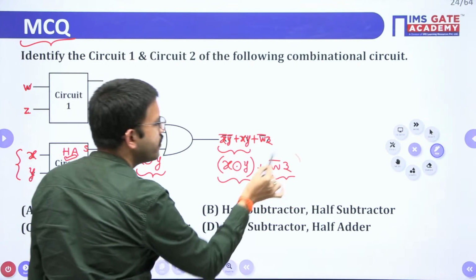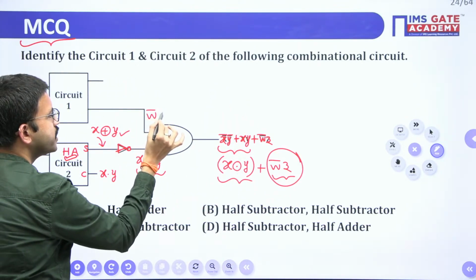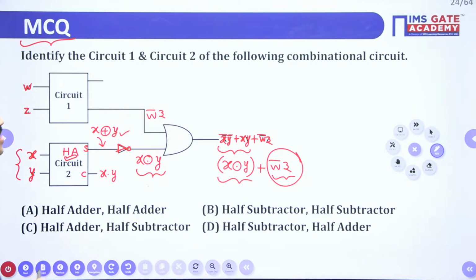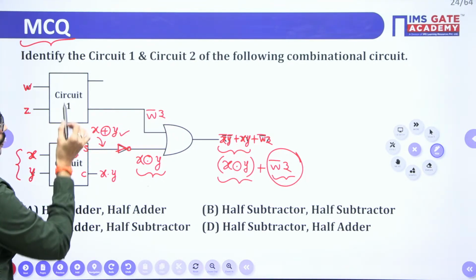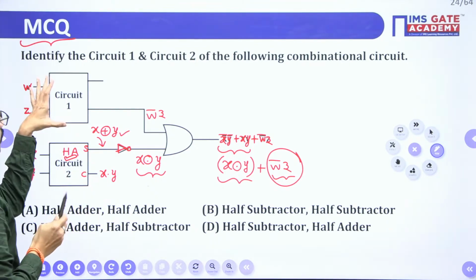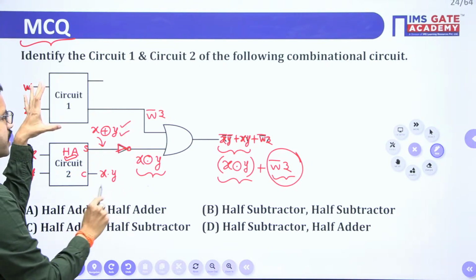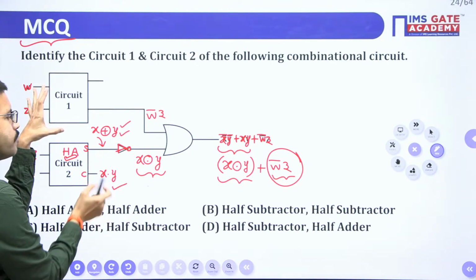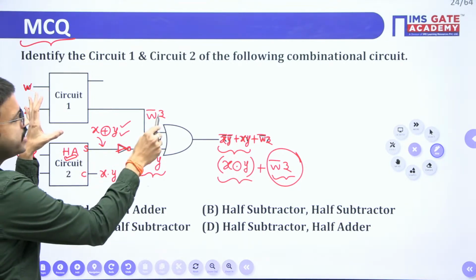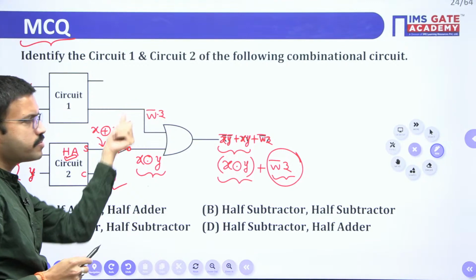Now the other term is W bar Z. That W bar Z you can give here as the input. If you consider half adder, regarding the sum expression you will get XOR, and regarding the carry expression you will get logical AND among normal variables. But here you are having logical AND where one variable is normal and the other variable is complement.